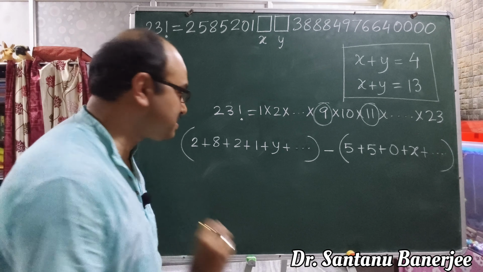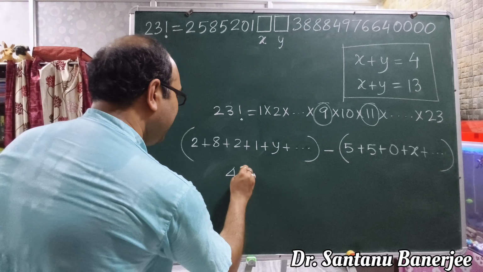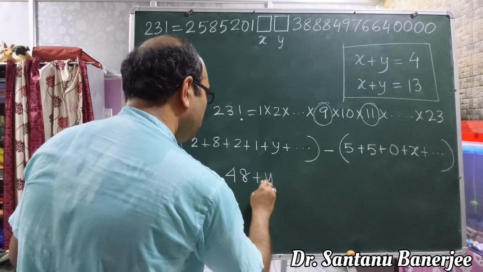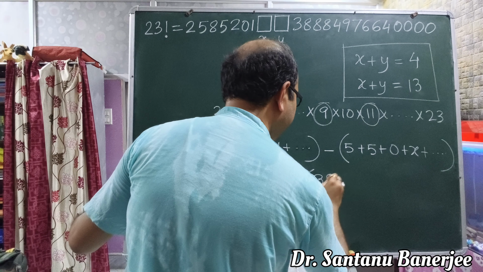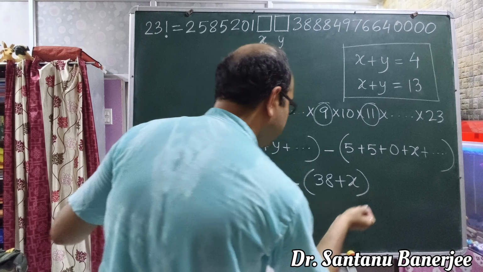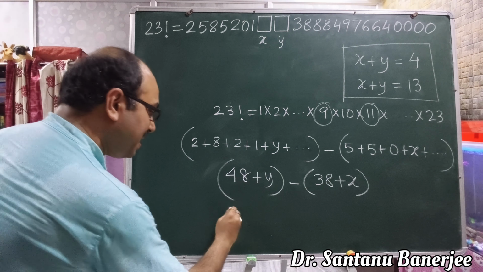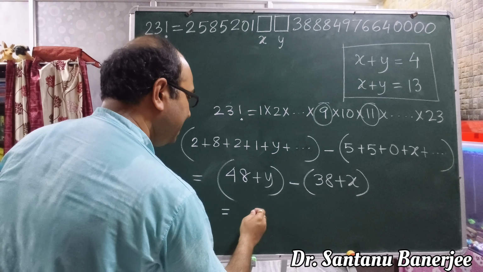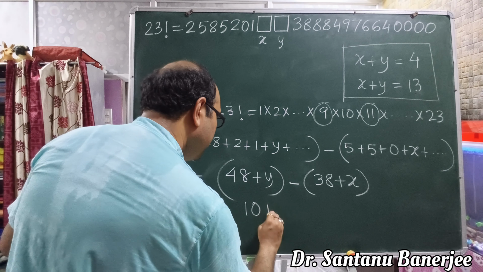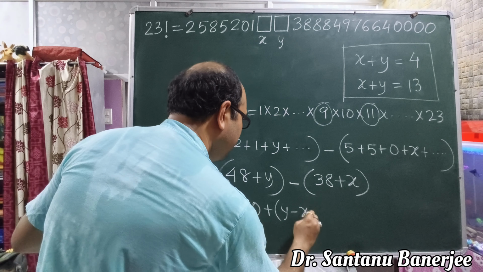If you do the addition, you will see this is 48 plus y minus 38 plus x. That is equal to 48 minus 38, that is 10, plus y minus x.